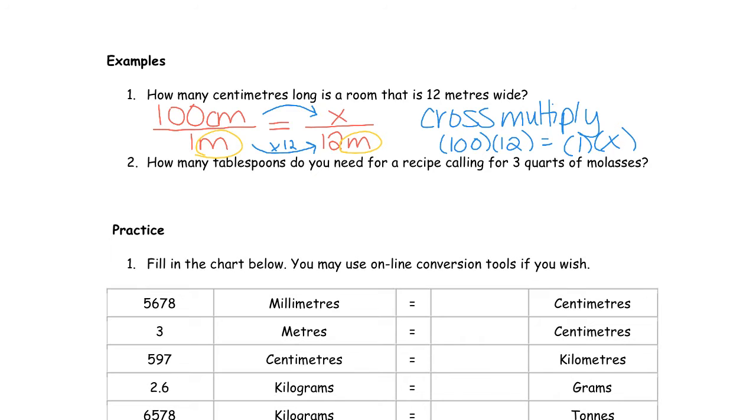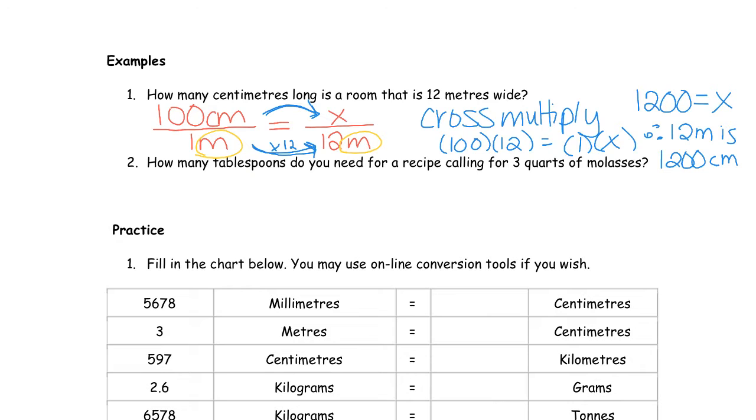And we know that 100 times 12 is equal to 1200, so that x is equal to 1200. Again, you can do it the first way, where we take a look at that common multiplier, or you can cross multiply, which in some cases is a little bit easier. So therefore, 12 meters is 1200 centimeters.